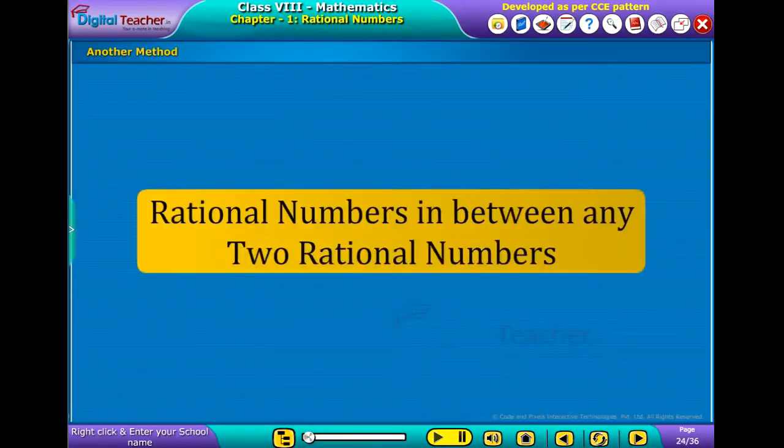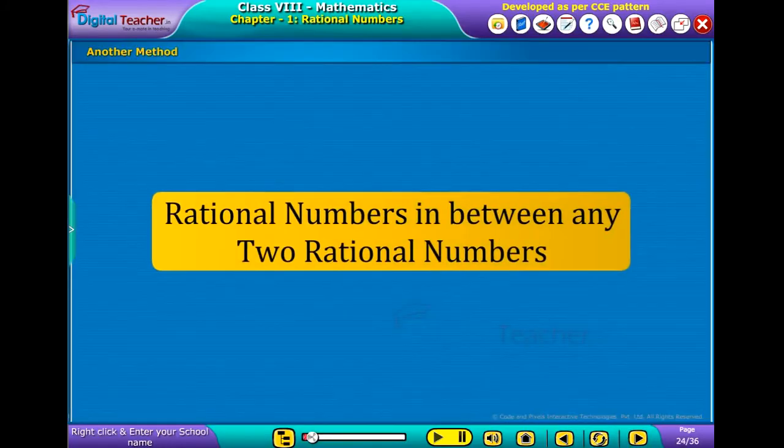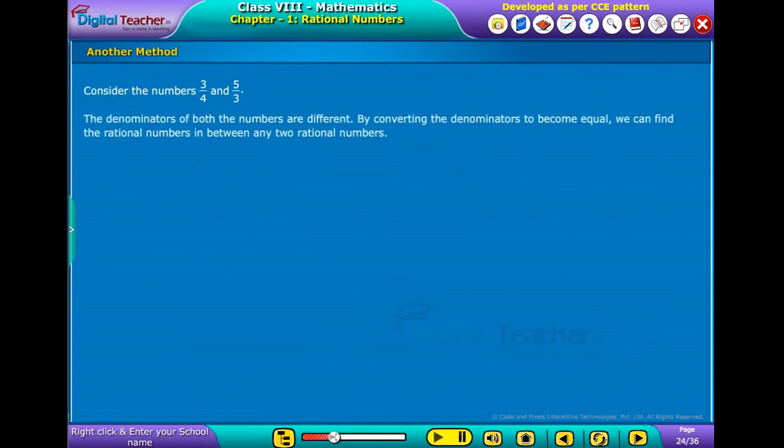Let us see another method to find rational numbers in between any two rational numbers. Consider the numbers 3 by 4 and 5 by 3. The denominators of both the numbers are different. By converting the denominators to become equal, we can find the rational numbers in between.